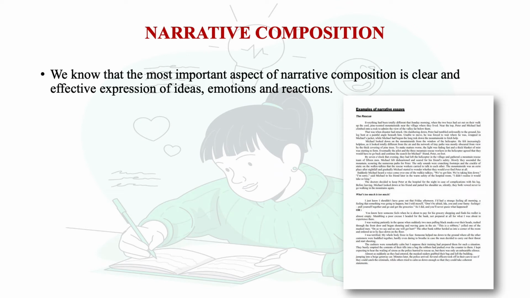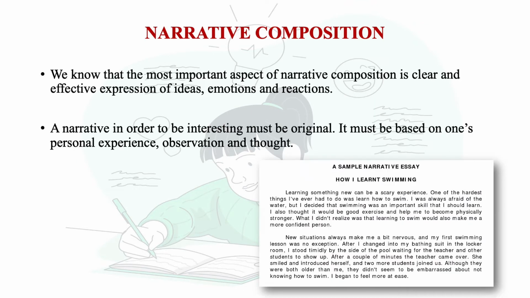We know that the most important aspect of narrative composition is clear and effective expression of ideas, emotions, and reactions. A narrative, in order to be interesting, must be original.